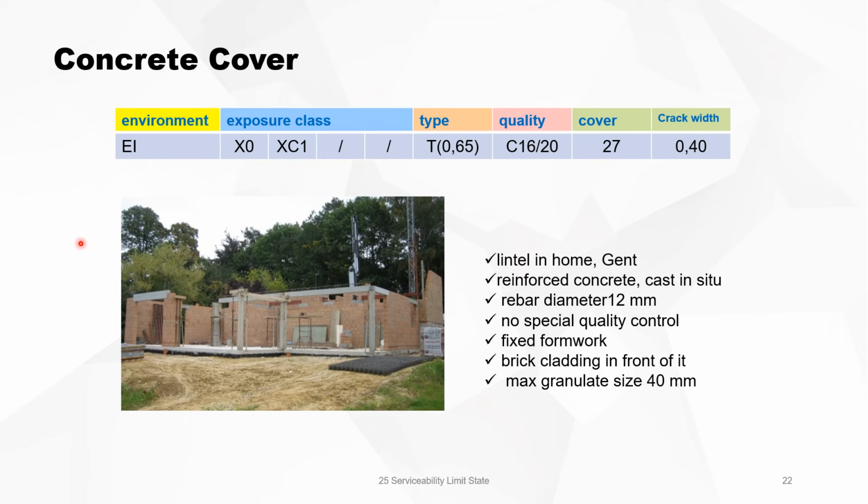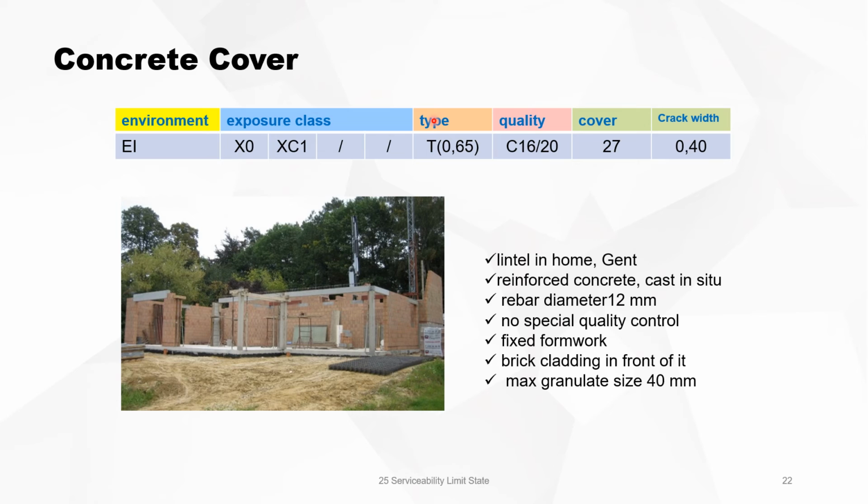Then how do you specify this concrete for this beam for your house? You start always with the environment, it's E1. The exposure classes, you find in the table that we've seen before, it's X0, X1. In the table, you look up for E1, what is the type? It's T.0.65.